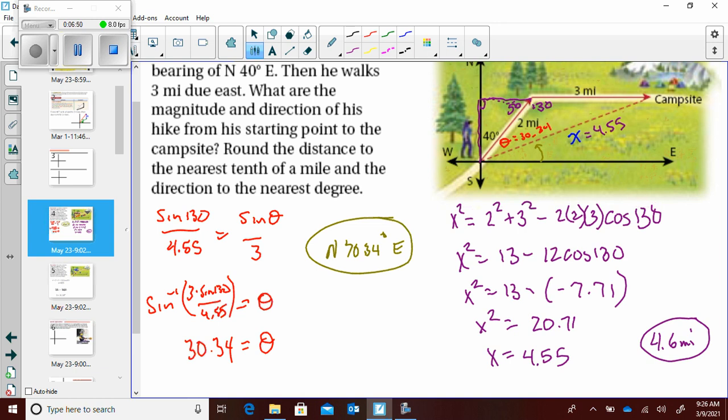If we did it in another way, we could also say it's 19.66 degrees north of east. Those are two ways, and you could just say 19.66, but we don't really use that one. Okay? So those are our answers. So the real direction is 70.34 degrees east of north, and you will travel 4.6 miles.